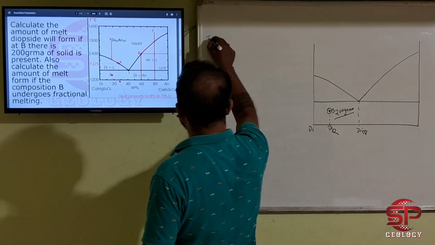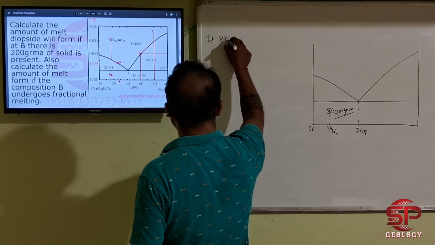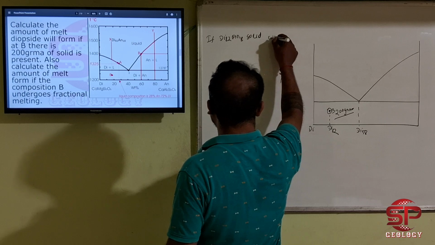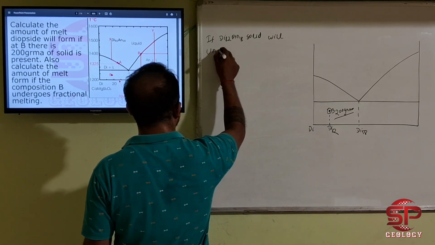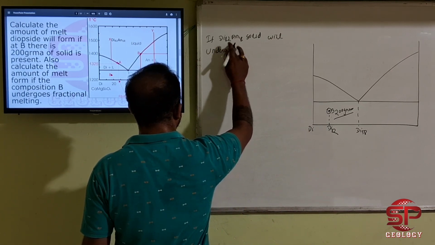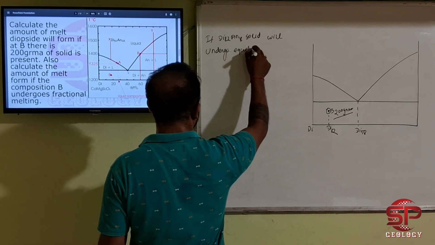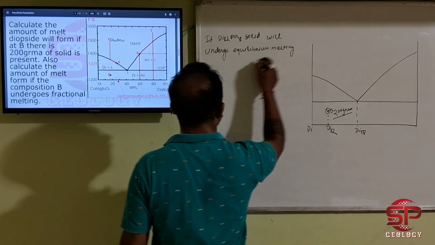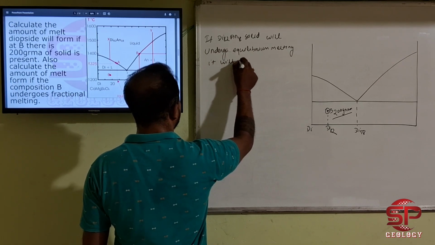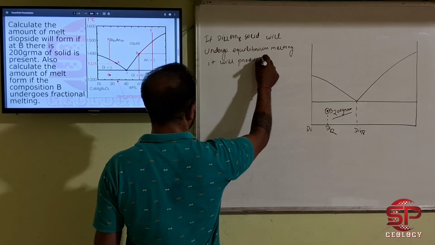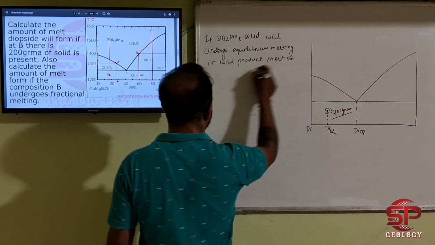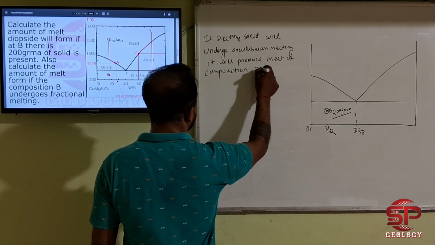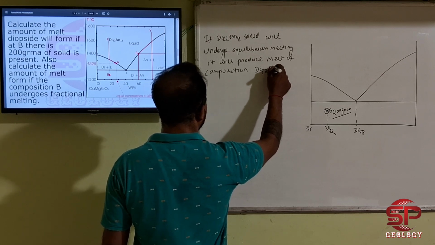That means if diopside 82, anorthite 18 solid undergoes equilibrium melting, it will produce melt of the same composition, diopside 82, anorthite 18.